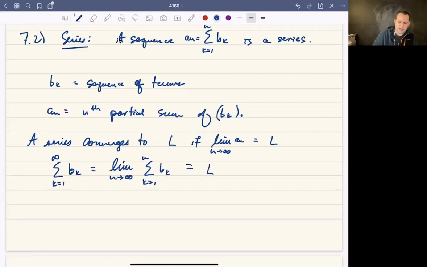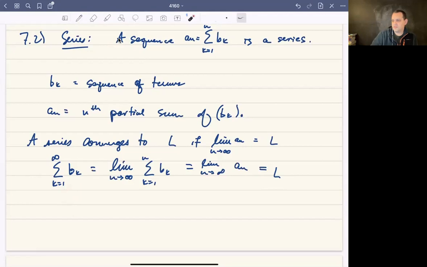And if that limit is L, we say that the original series converges to L.